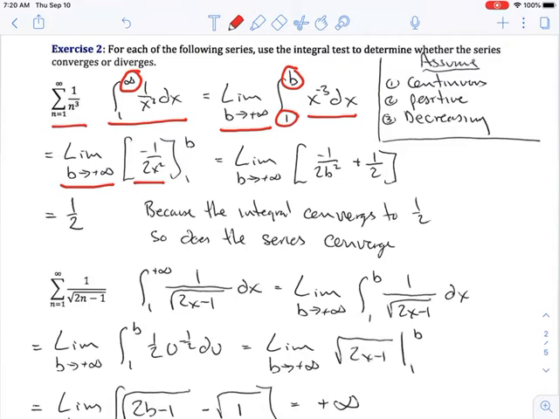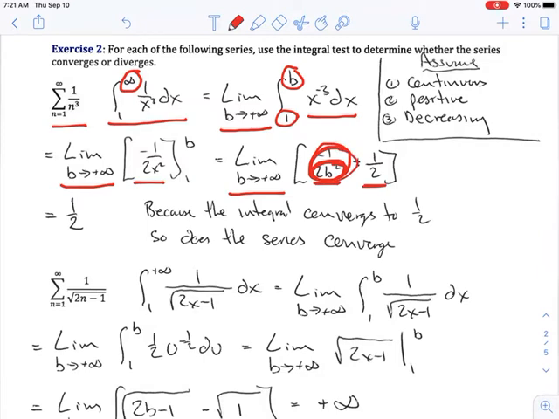That becomes the limit as b approaches infinity. We now substitute the b in for x here, and we substitute the 1 in for x there. And now we can see that as b approaches infinity, the denominator here is going to get infinitely large, so the entire fraction is approaching 0.